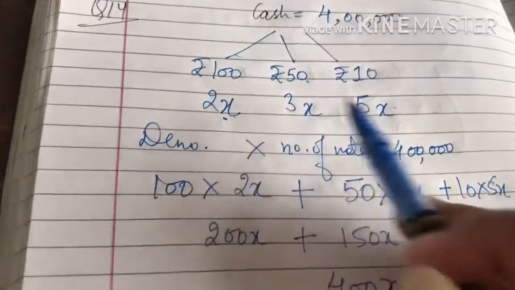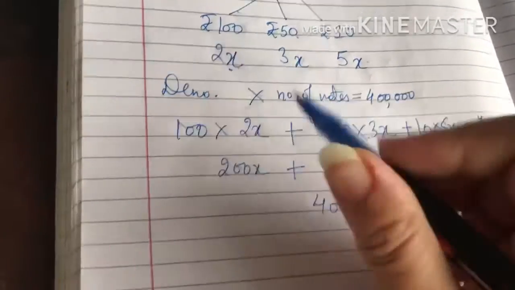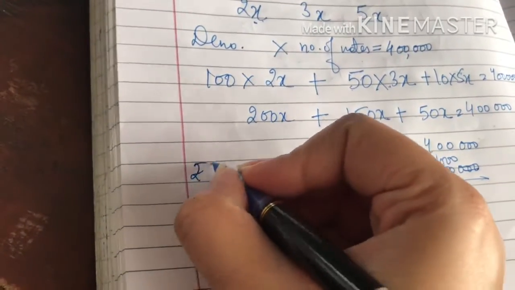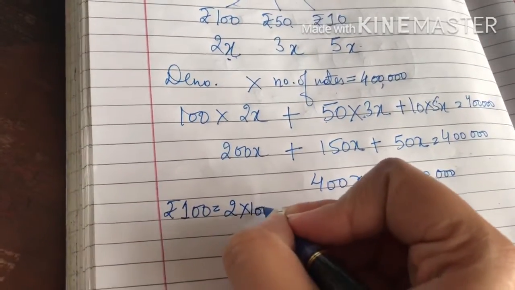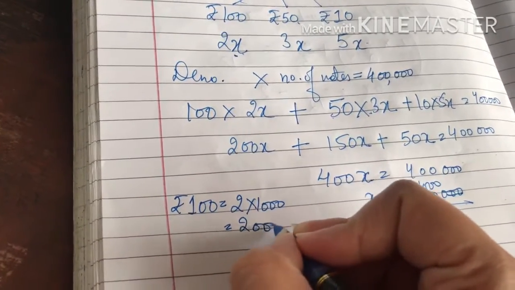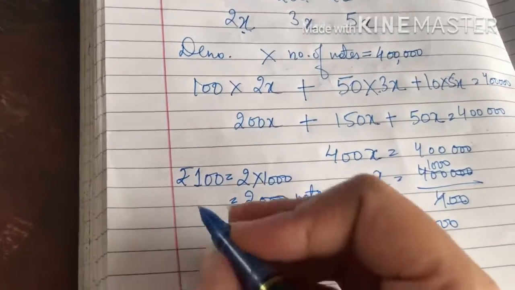Now if x is 1000, from here we can find out how many notes of each denomination we have. For rupees 100 we have 2x, that means 2 into 1000, 2000 notes of 100 rupees.